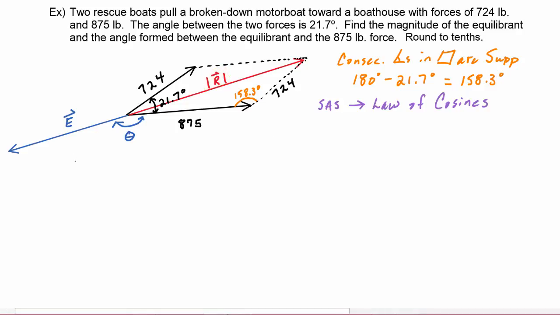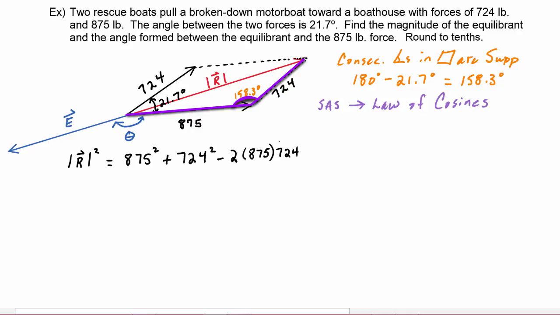So now the magnitude of r squared is going to equal 875 squared plus 724 squared minus 2 times 875 times 724 times the cosine of 158.3 degrees.